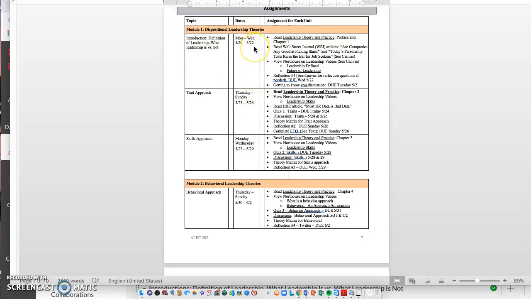In the Monday through Wednesday units, your quizzes on the reading will be Tuesday along with your first post, and then Wednesday you'll have a post where you interact with other students and a reflection to close out the unit. Then Thursday through Sunday, those quizzes and first posts will be due Friday, and then your interactive posts and reflection will be due Sunday.